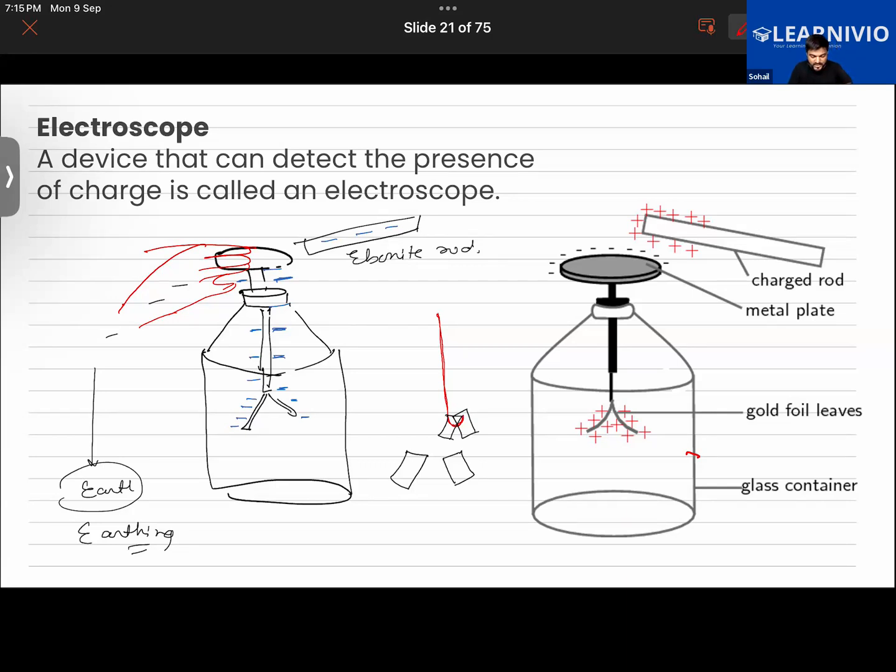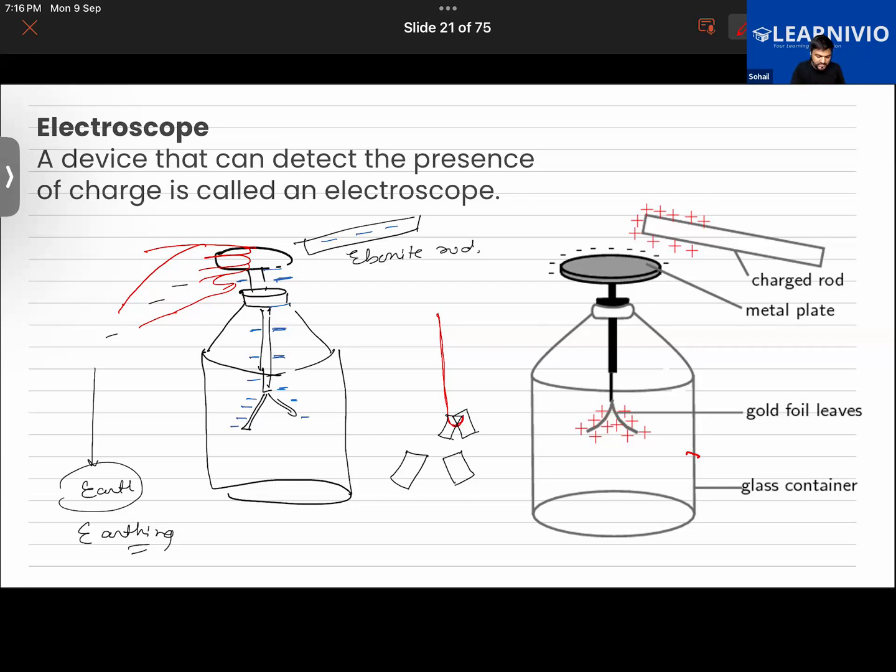Say that you had brought a positively charged rod in contact with this right now. At that moment, all these gold foil leaves became positively charged, so they will be diverging from each other. But once I touch the metal disc, electrons will transfer from my hand, like they came from the earth, and via my body, they go into that metal disc. So the number of charges in this will become equal, and this will now come to its original position of rest.